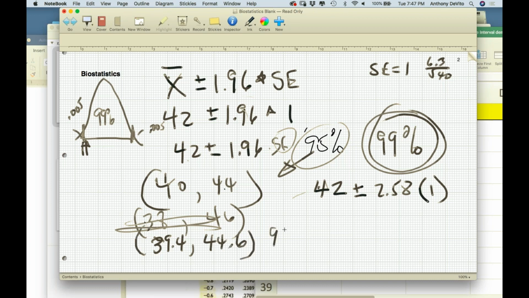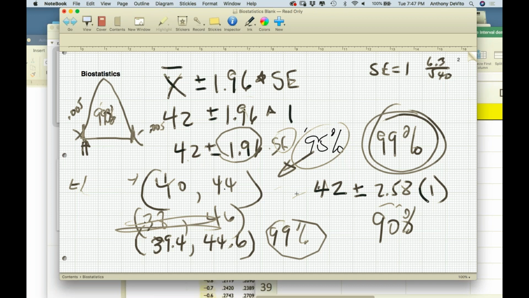This is 99% confident. What if I'm willing to be only 90% confident? I don't mind being wrong a little bit more. What can I do with my confidence interval? I can make it narrower. So I need to use a z-score which represents an area where we have 5% below it, 5% above it, and the middle 90% of outcomes.